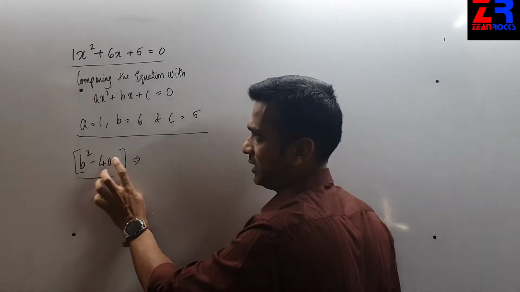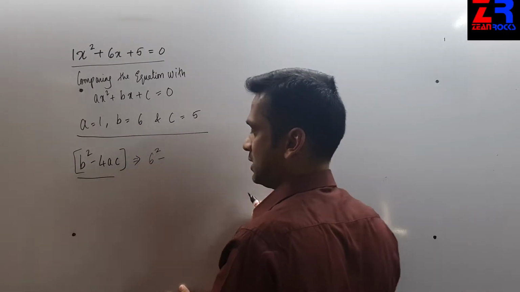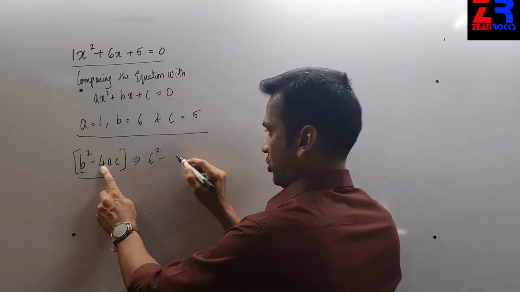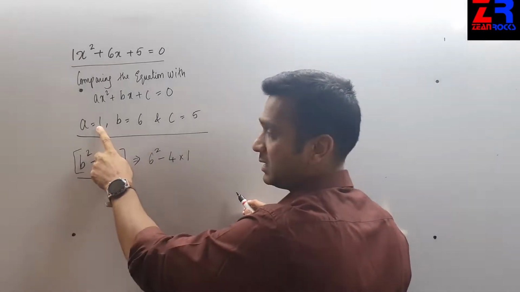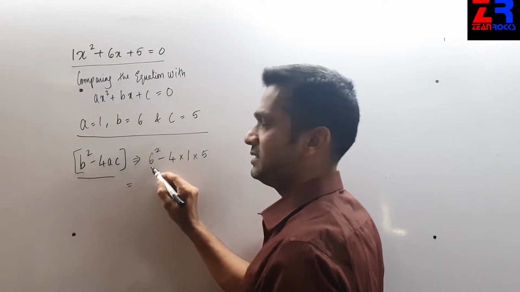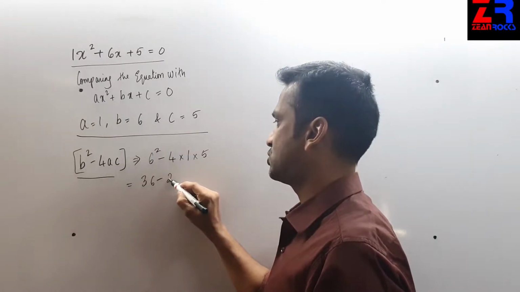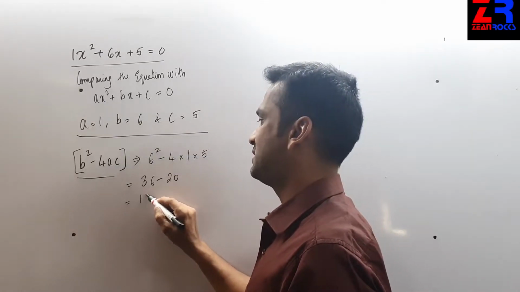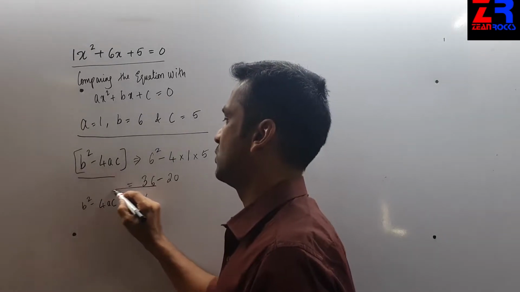It is very simple. b square will be 6 square minus 4, a means 1, c means 5. So the answer will be 6 square is 36 minus 4 times 5 is 20. Your answer will be 16. So you will get b square minus 4ac is equal to 16.